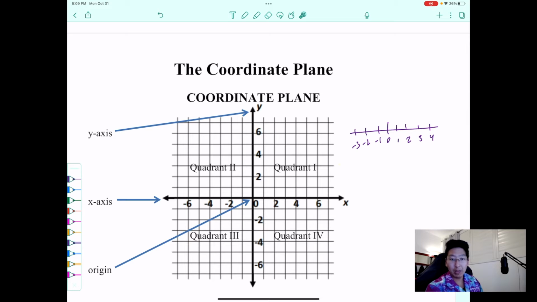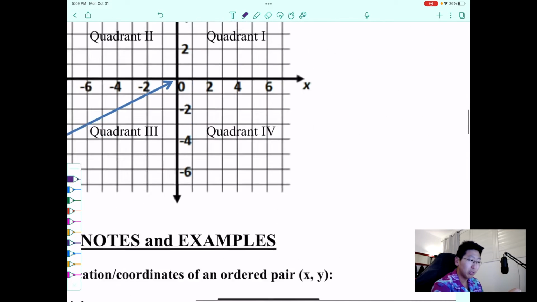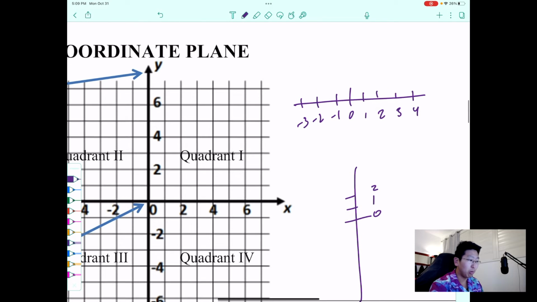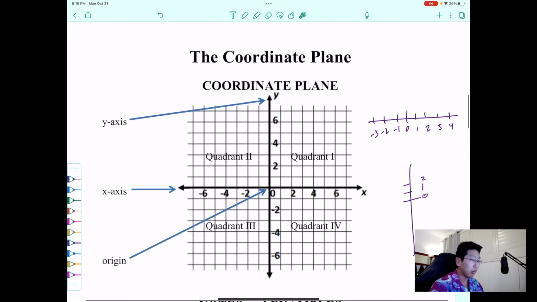Generally, you did not grow up learning numbers going up and down like that. That's not normal. This is more normal, where you've grown up using a number line. So what we're doing now is combining the x-axis, which is what we've always grown up with, with the y-axis. And it creates a place for us to graph.